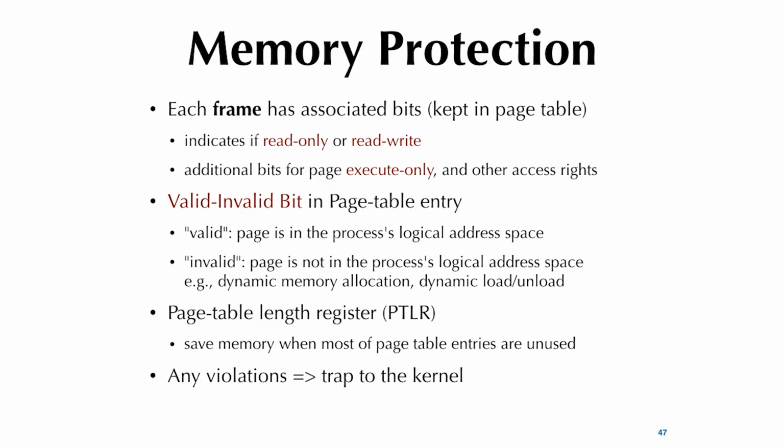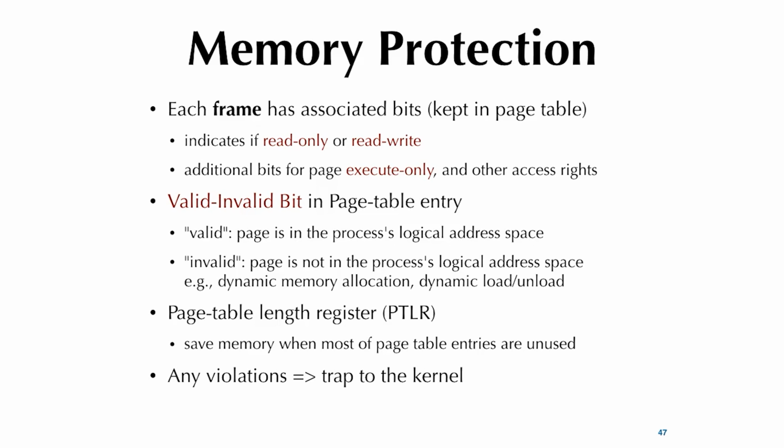Because if you haven't brought it in, really that page is invalid. So anytime you try to access something that hasn't been allocated, you're likely to be doing something buggy, right? And then you want the OS to be able to get a handle on it, and then throw an exception back, or maybe give it to a debugger and all that.